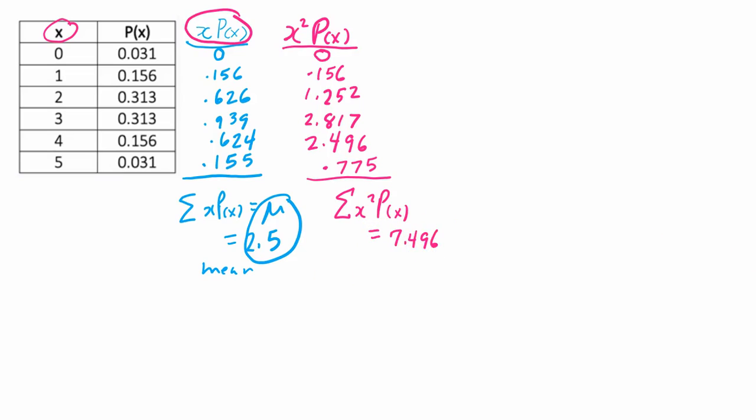Now I want to get the standard deviation, and there's a formula for standard deviation. One of the formulas is going to be the square root of our summation of x squared times p of x minus our mean squared.